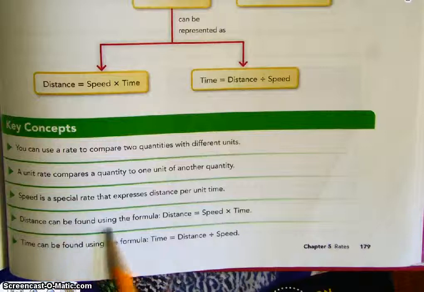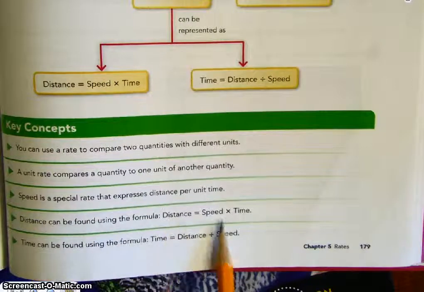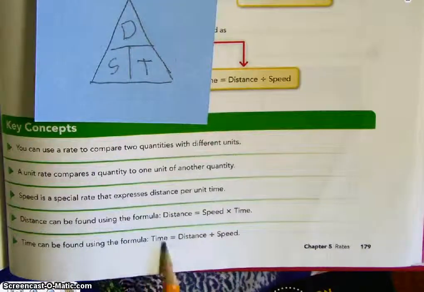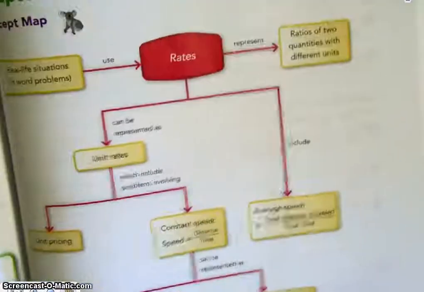Distance can be found using the formula distance equals speed times time, and we already did that on our triangle here. Time can be found using the formula time equals distance divided by speed, and we already did that on our triangle. So hopefully that helps you with a couple of the basic items that we're talking about here.